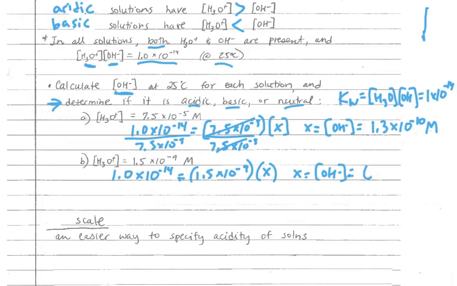X equals 6.7 times 10 to the negative sixth molar. So make sure you also practice typing this into your calculator, doing division and multiplication with numbers in scientific notation. It's important to check that you can actually do this in your calculator and get the correct answer.